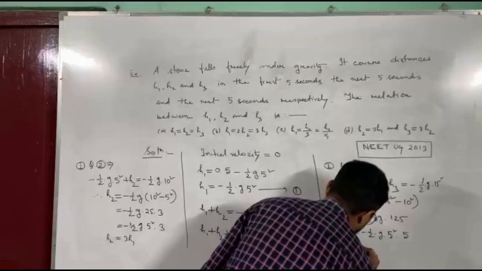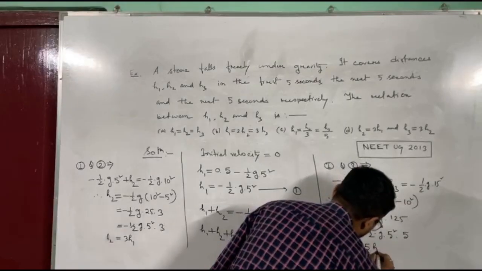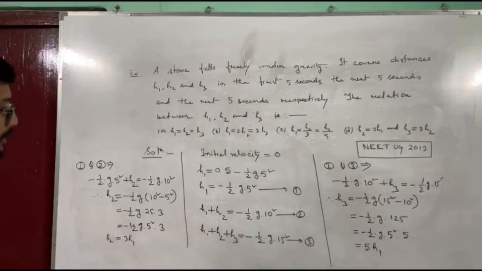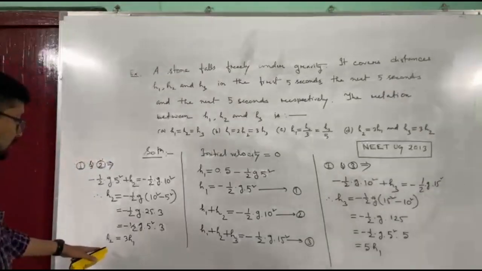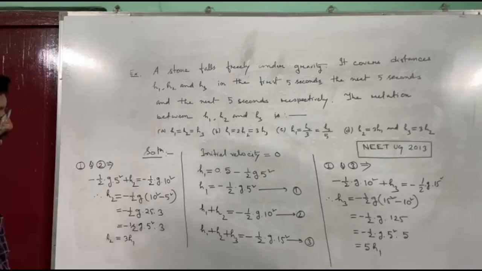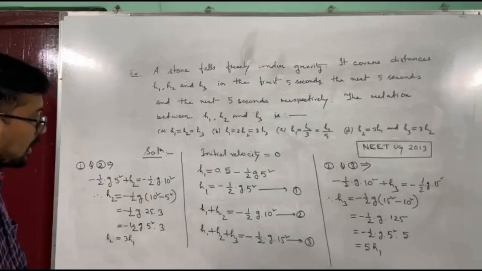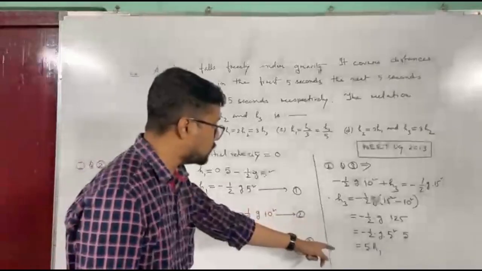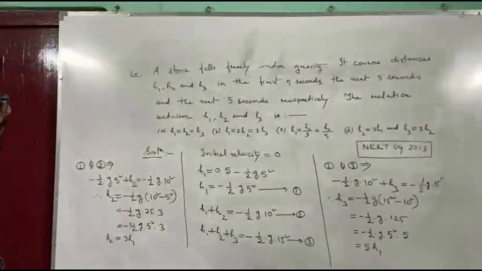So I can write here h3 is equal to 5 h1. So one relation is h2 is equal to 3 h1 and another relation is h3 is equal to 5 h1.